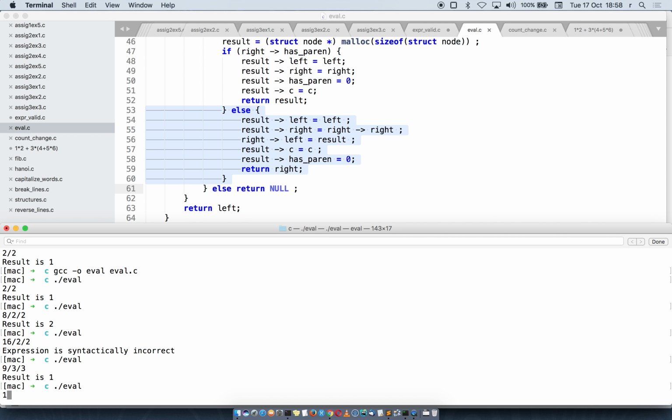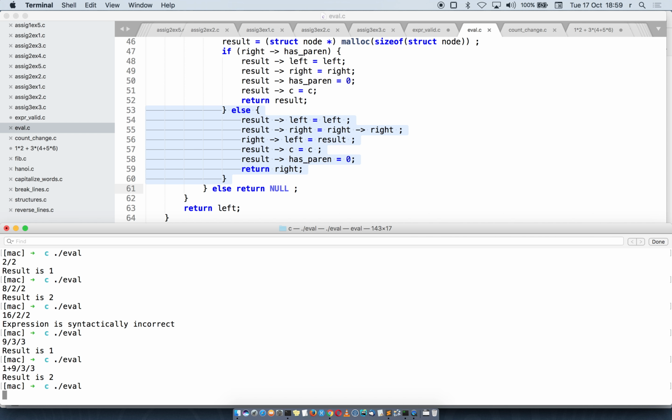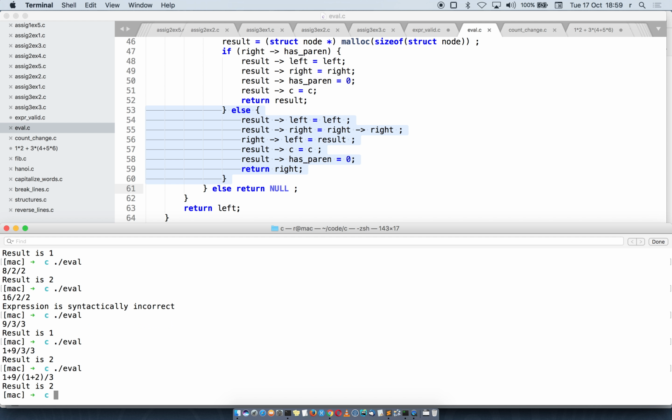And 1 plus 9 divided by 3 divided by 3 is 2. So it seems to be working correctly. So if I still say 1 plus 9 divided by 1 plus 2 divided by 3, this is still 2. Great. So we sorted out division, right?